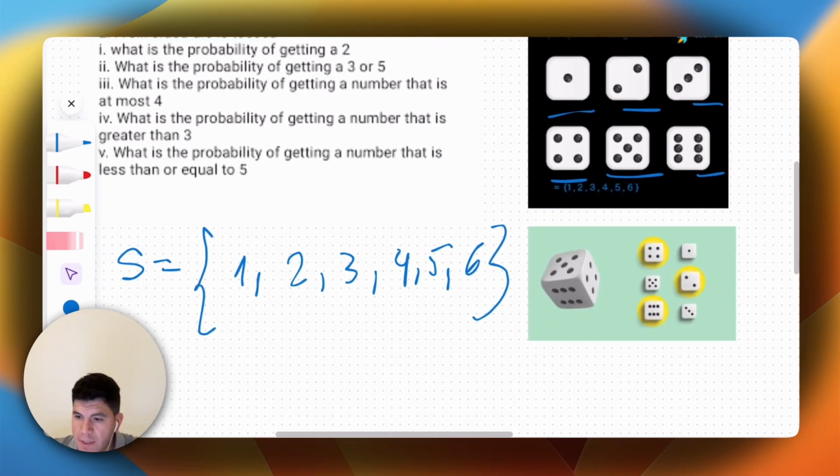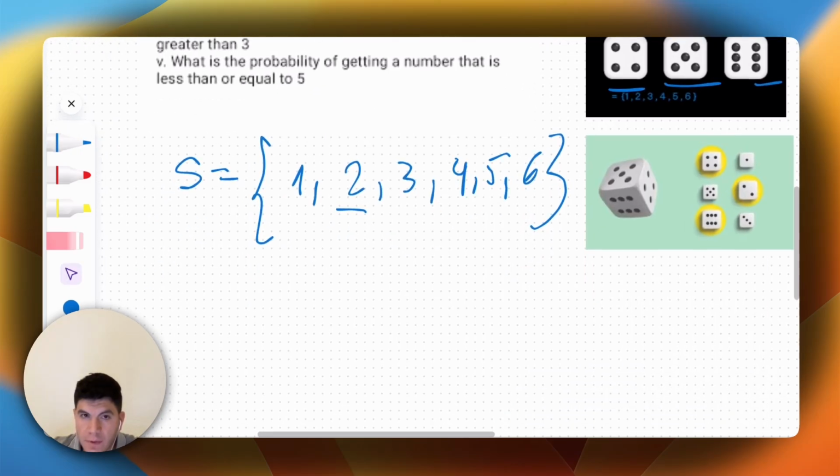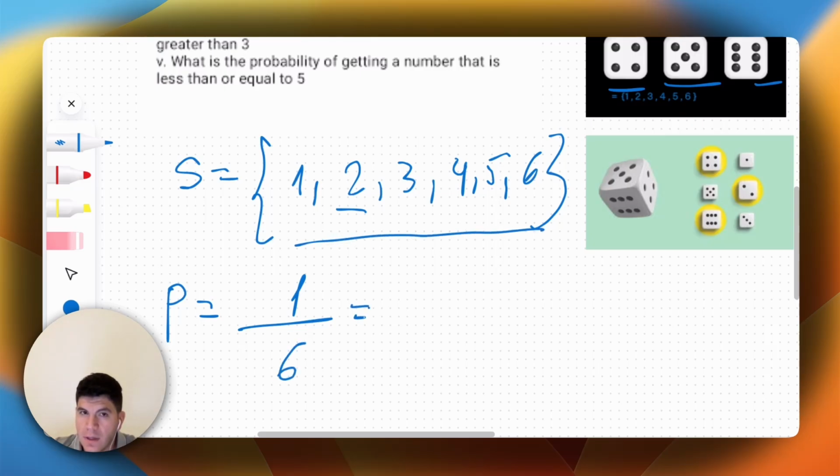There's only one possibility of getting the 2, as you see here. So our P is going to be equal to 1 divided by all possible outcomes that we can get. The total here is 6.